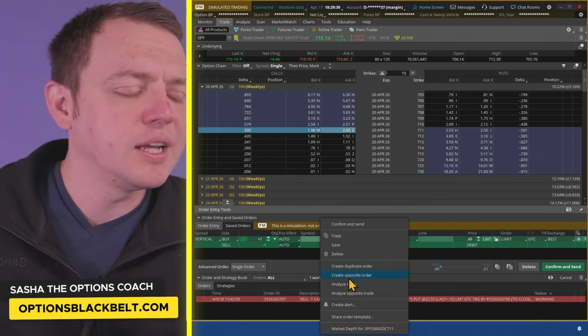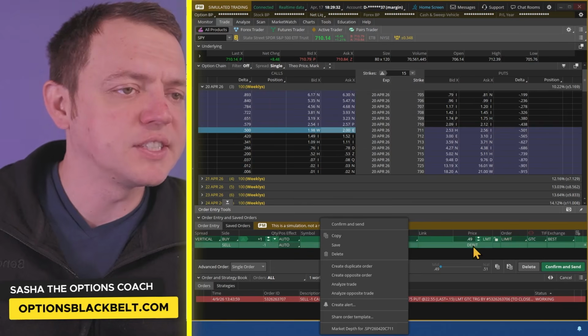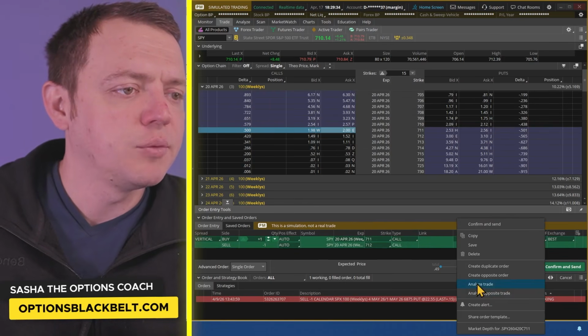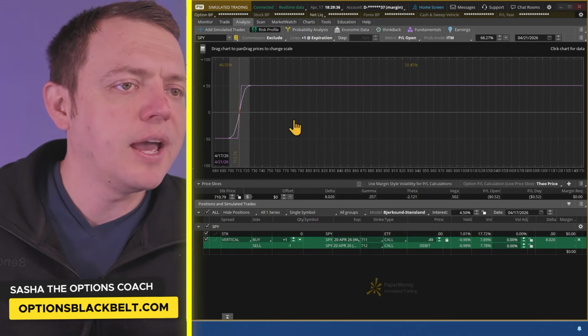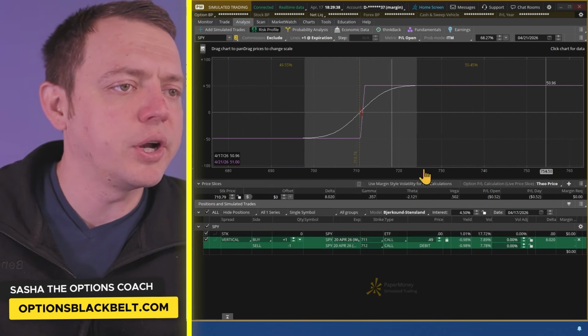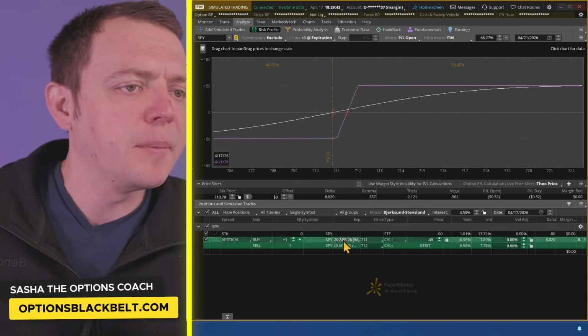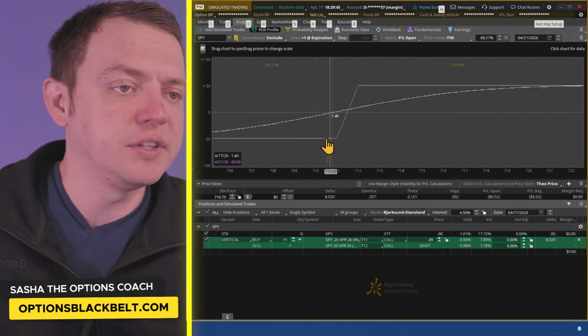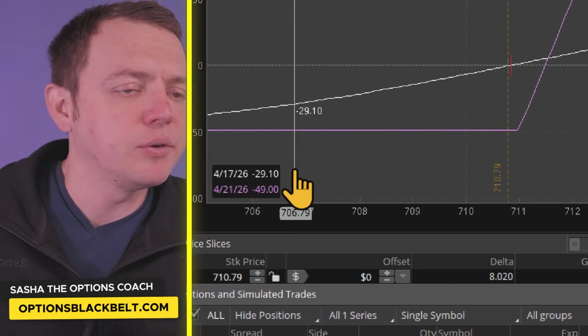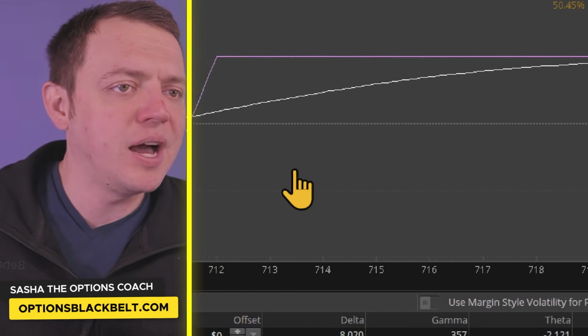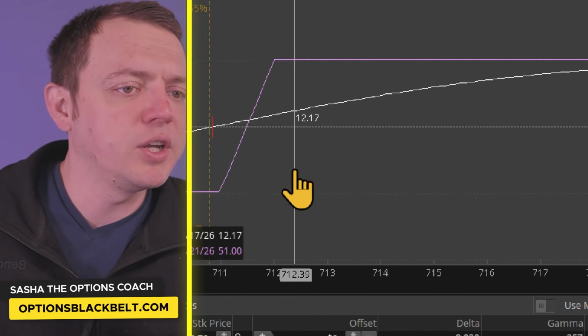And now if you analyze it, you can see I'm basically paying 50 cents for it. So that's $50 of risk. We can analyze that trade. And now with a 3-day trade, because I do not have 0-day right now on this one, risking 50 to make 50, but right here, risking $49, and if it pops, I can make $51.